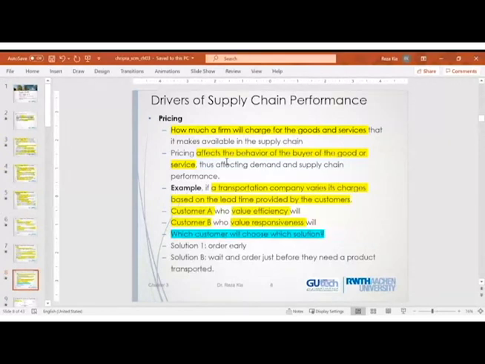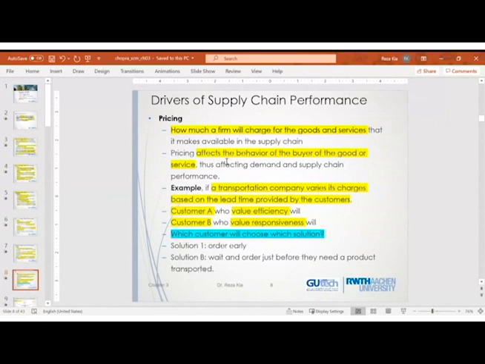And here I just put one example. Let's assume that there is one transportation company, and based on the delivery time, the transportation costs will be different. For example, if you want to purchase something from Europe, you can order it by air transportation mode or through some kind of container vessel, a container ship.